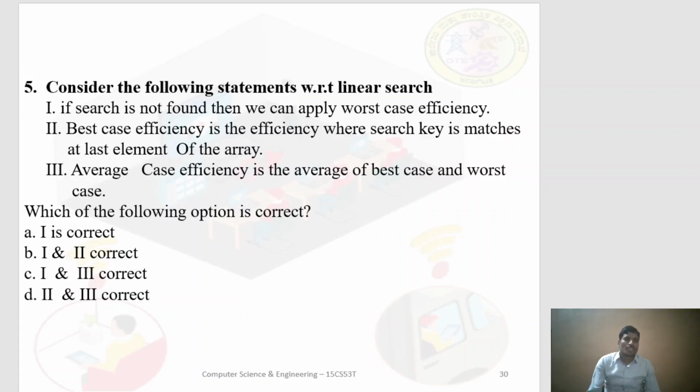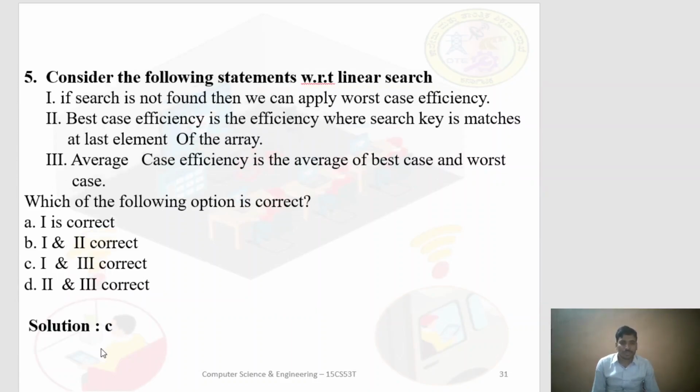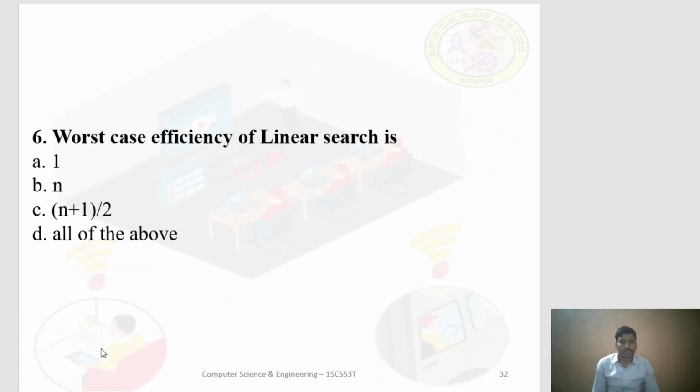So the average case lies between the best and worst case. Hence the first and third statements are correct. So which is the correct option? C. First and third are the correct statements. Yes, C is the correct answer.